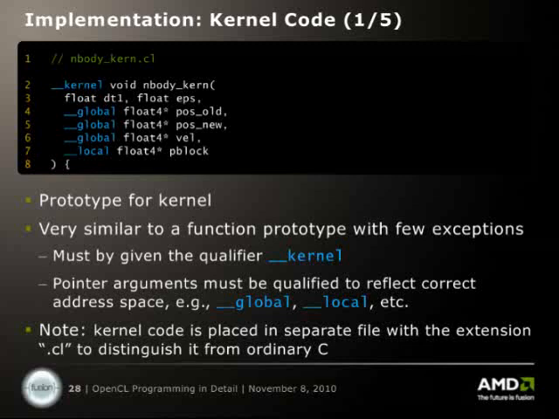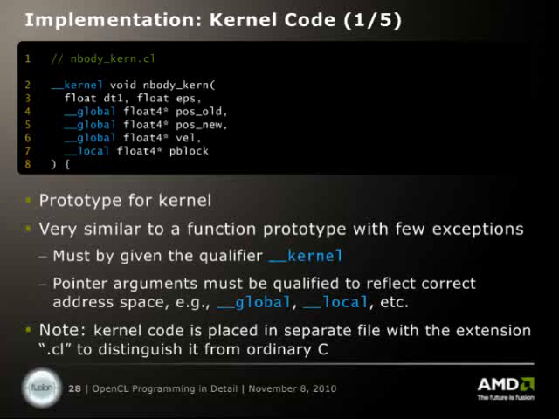To begin the kernel code, here's the prototype. The prototype looks a lot like the prototype for a C function with some qualifiers added. First of all, the prototype itself has to be qualified with the __kernel qualifier, to signify that this is a kernel function and not simply a generic function that might also be included within that file.